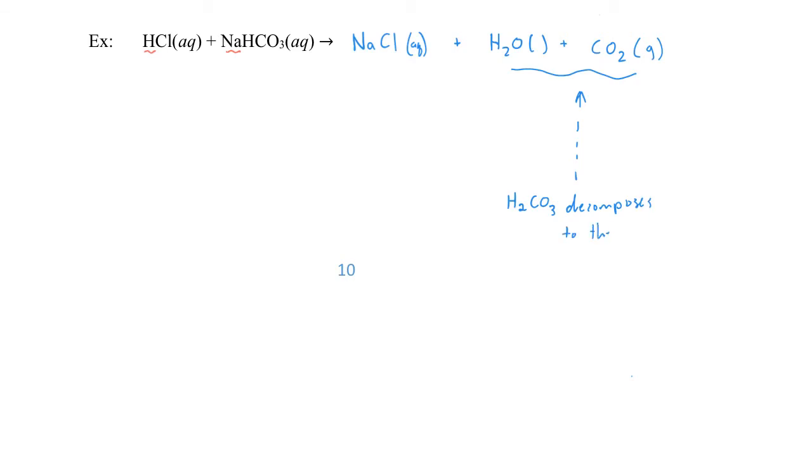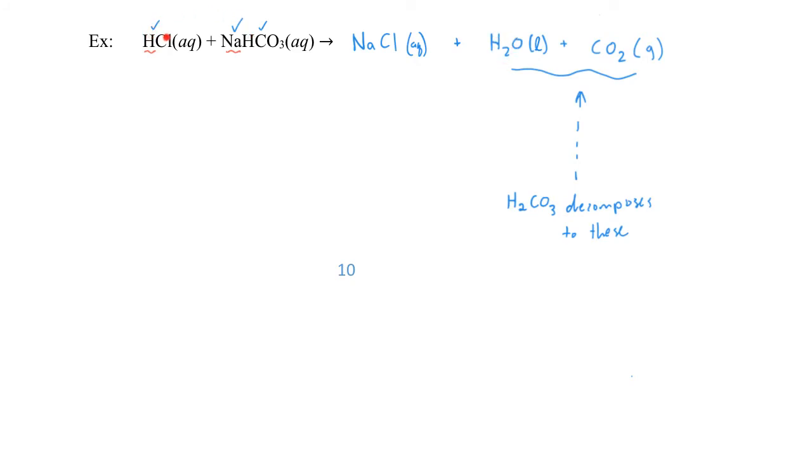Now, we just have a few other housekeeping items to do on this reaction. So let's put in the liquid for water, and let's verify all the elements are balanced. We have one sodium on the left and one on the right. We have a hydrogen over here and a hydrogen over here, so there are two hydrogens, and then we have two hydrogens here.